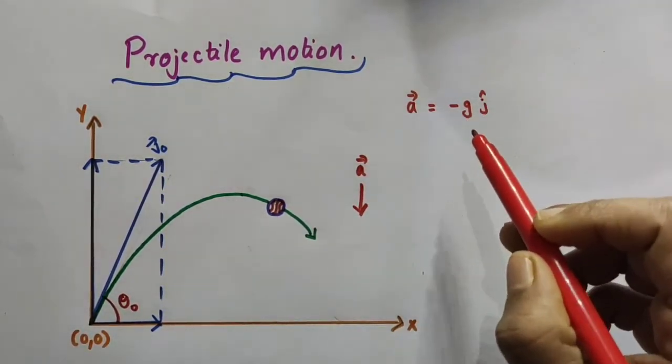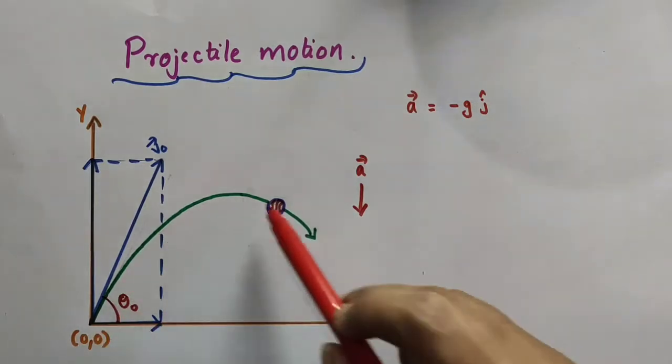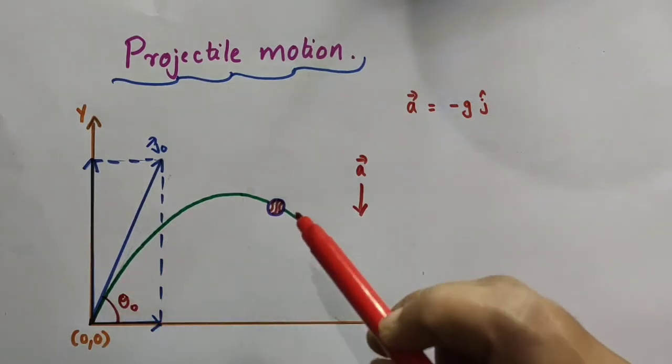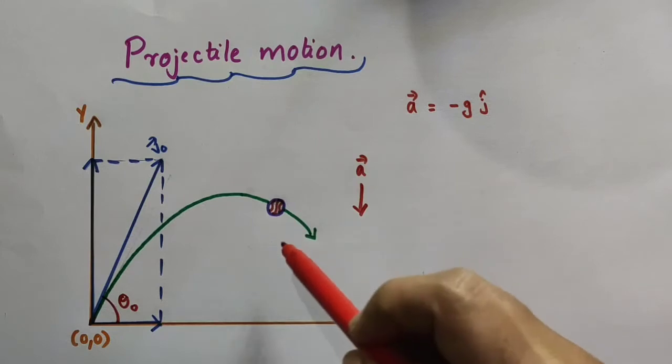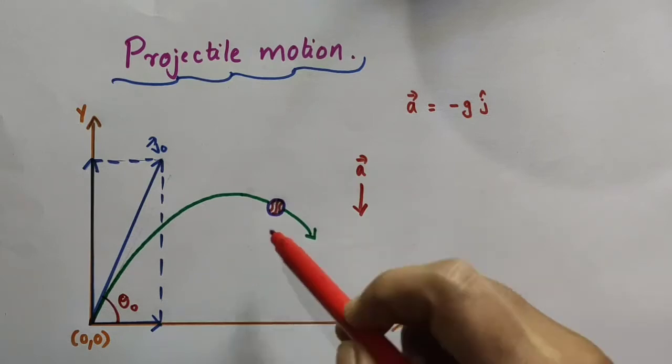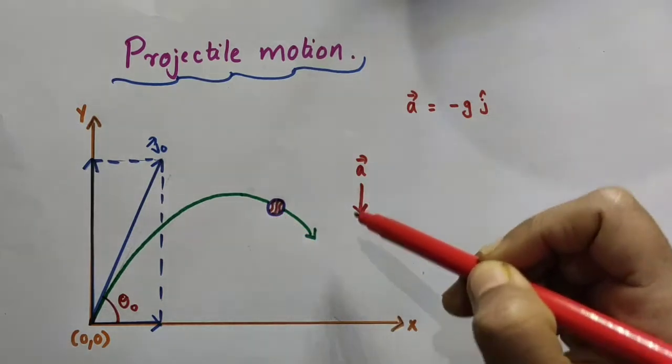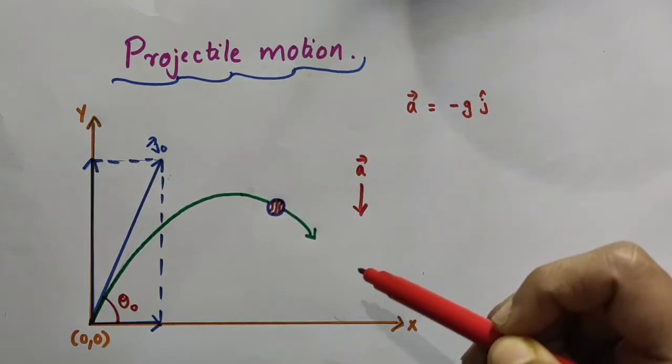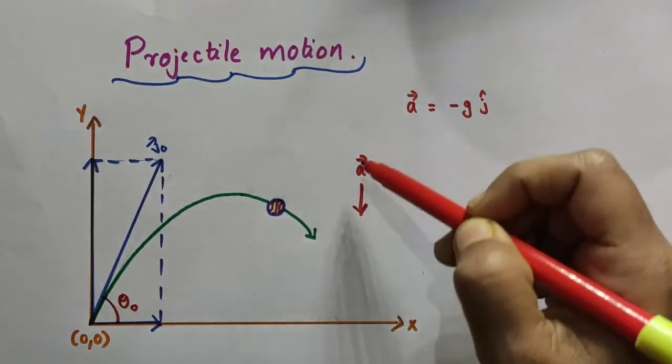Why is it written as minus g j cap? g is acceleration due to gravity, because once the projectile has been projected, its acceleration will be equal to the acceleration due to gravity, which is acting in the vertically downward direction.